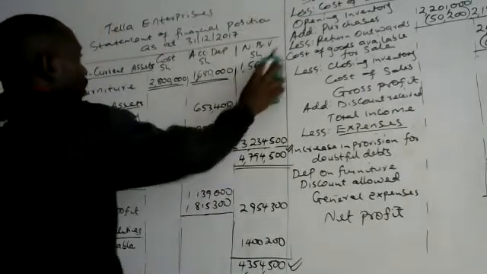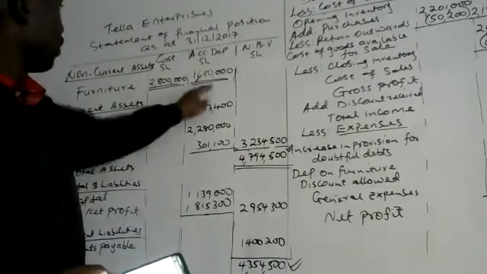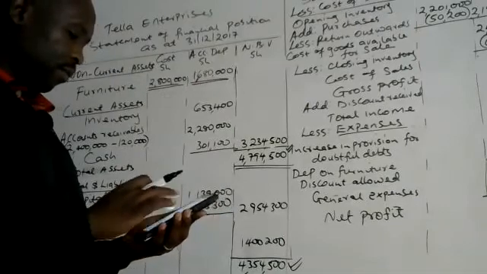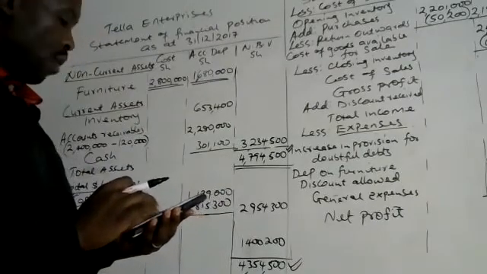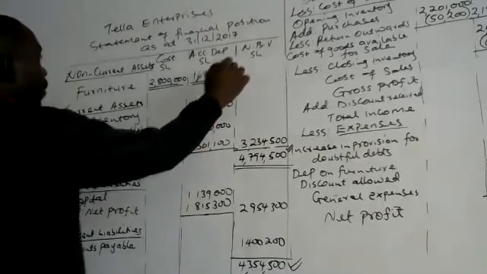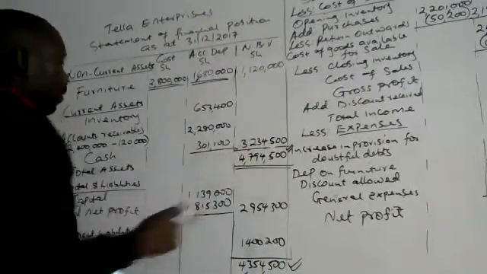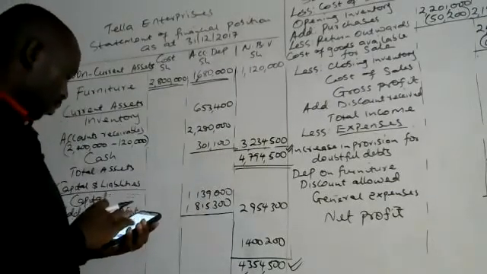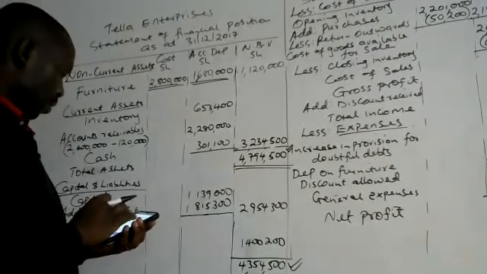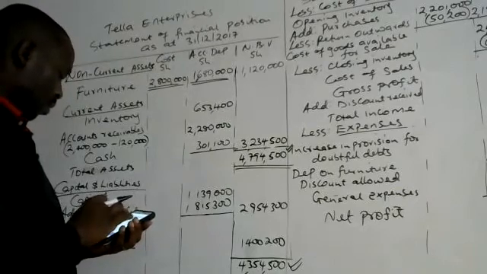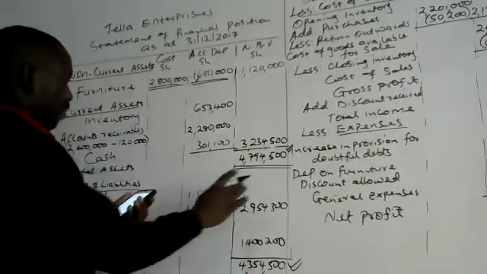Now it will be 2,800,000 minus this 1,680,000, which is 1,120,000. Then you add it to this. Yes, now it balances.